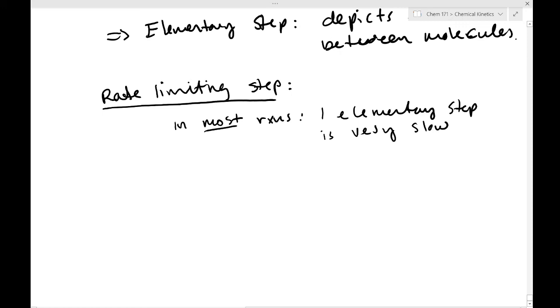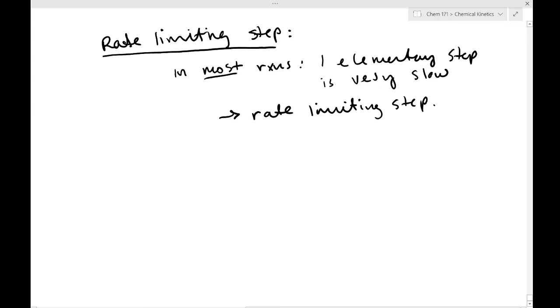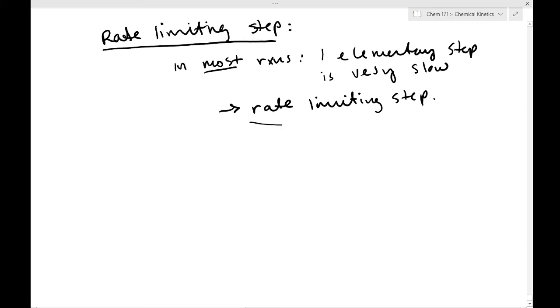This is called the rate limiting step. So it's very slow in comparison to the other steps, which means the rate limiting step determines, for the most part, the kinetics for the entire overall reaction.